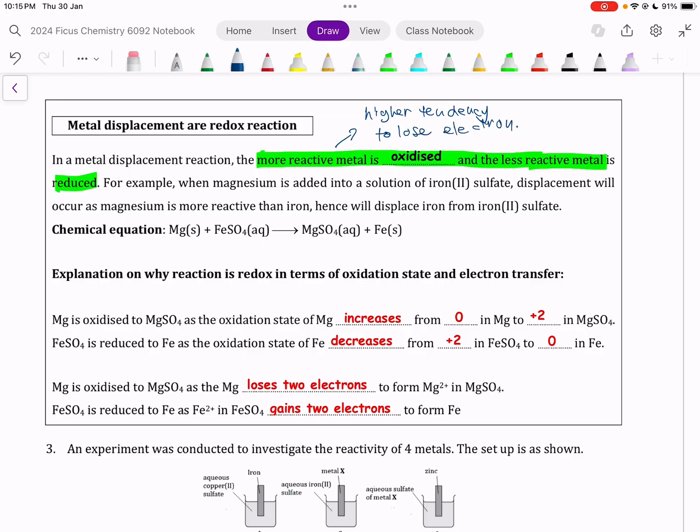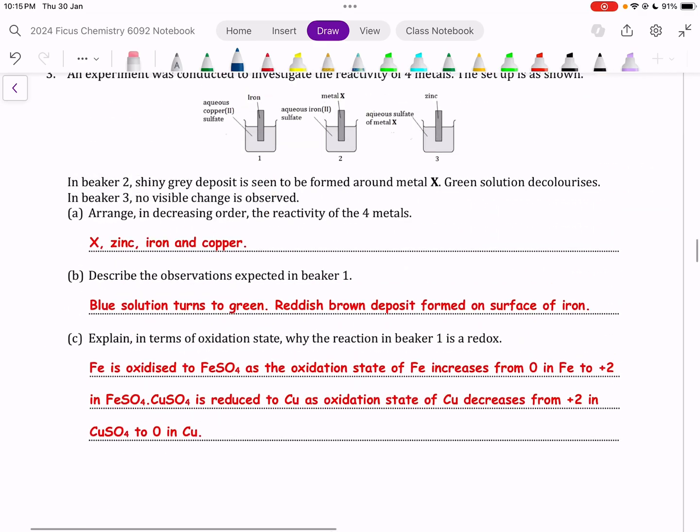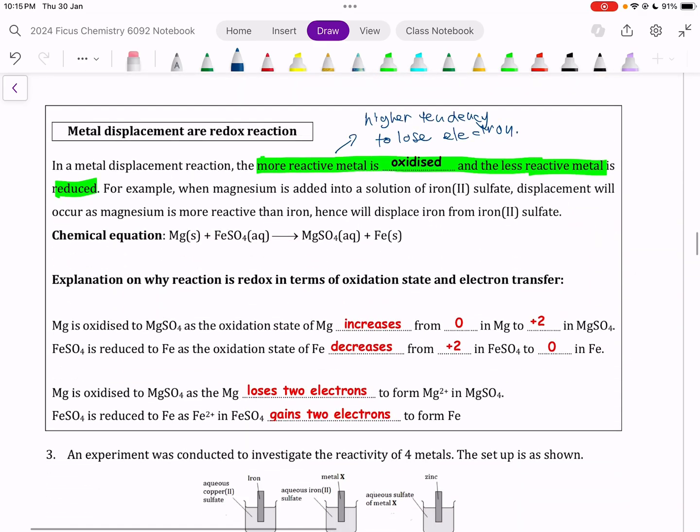Take for example magnesium and iron 2 sulfate. This one is a green solution. I hope you know iron 2 is a green solution. This becomes colorless. Then you also see a shiny gray deposit on the magnesium metal.